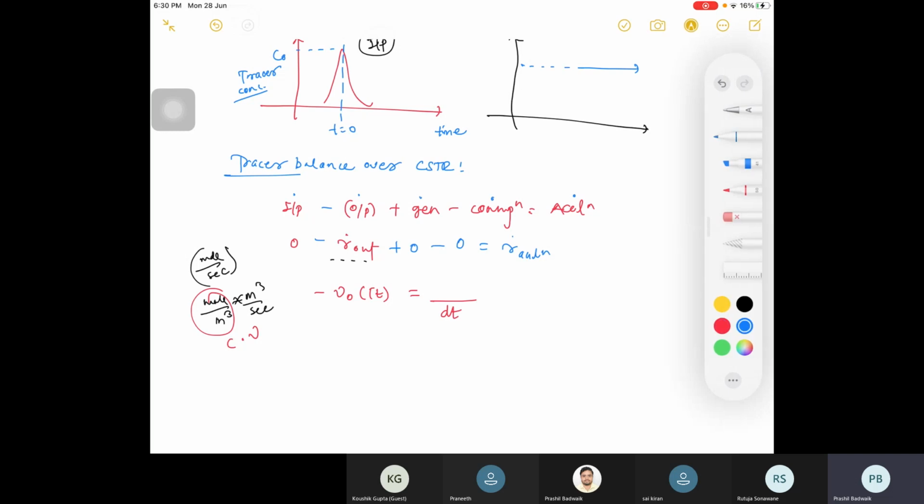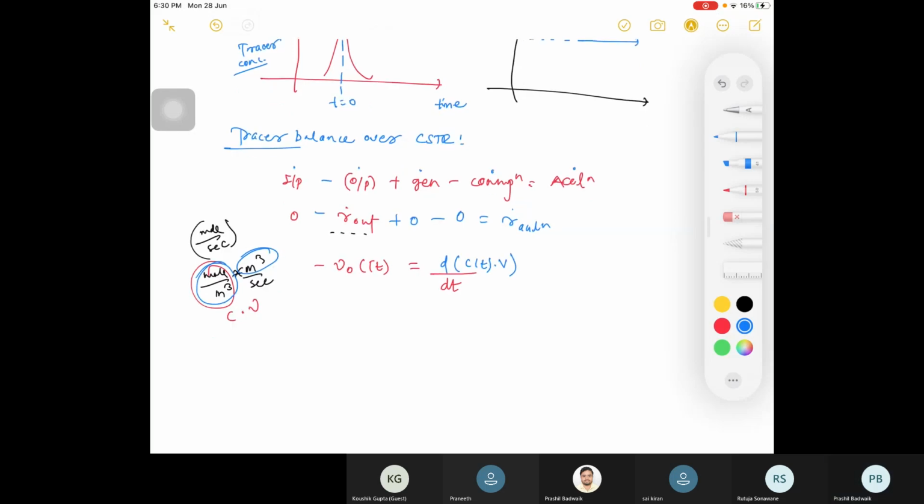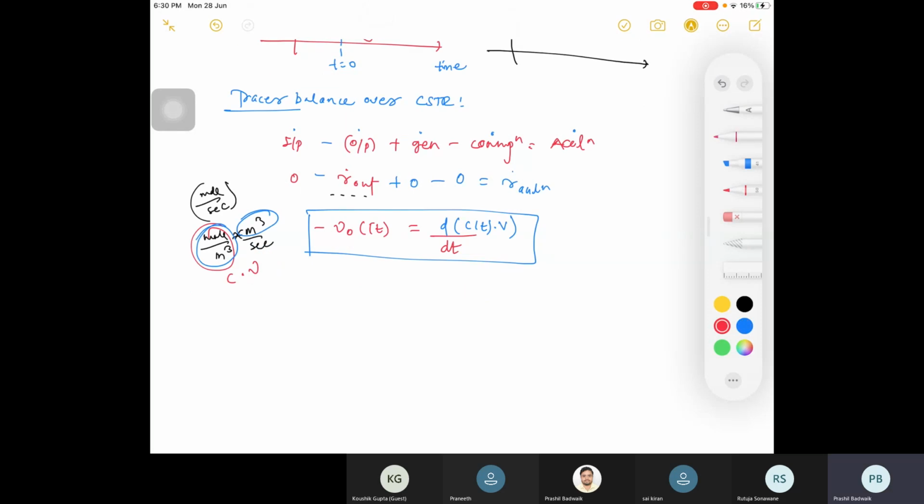So you will have meter cube into C(t) moles per meter cube into V, so d by dt of C into V. C is a function of t and you will have volume. From the given condition, you can observe your volume is constant for epsilon is 0 or constant volume reacting systems. You will have C(t) and this is V into d by dt of your C(t).